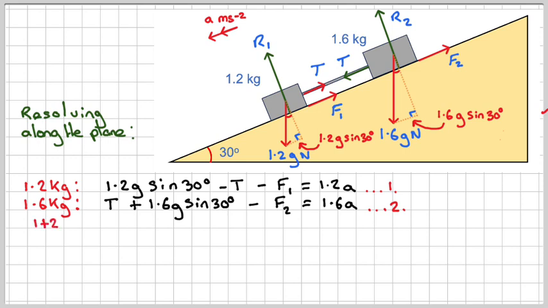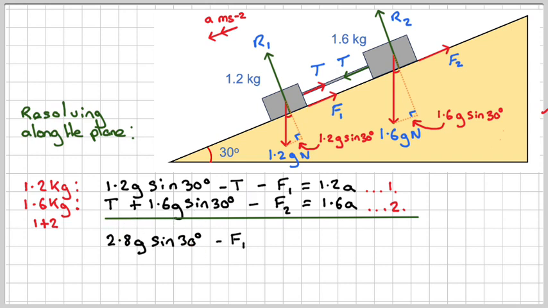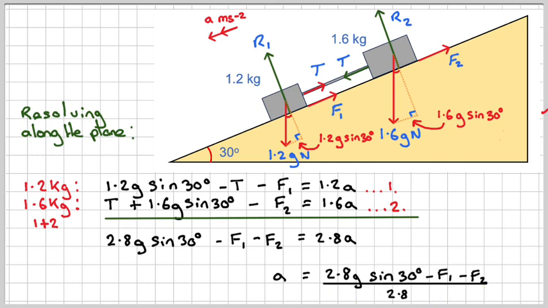If we add these two equations, that will eliminate T, so we'll get 1.2 g sin 30 plus 1.6 g sin 30, which is 2.8 g sin 30. The Ts will be eliminated, and then we take away F1, F2, and that will be equal to 2.8a. So a will be 2.8 g sin 30 minus F1 minus F2, over 2.8.